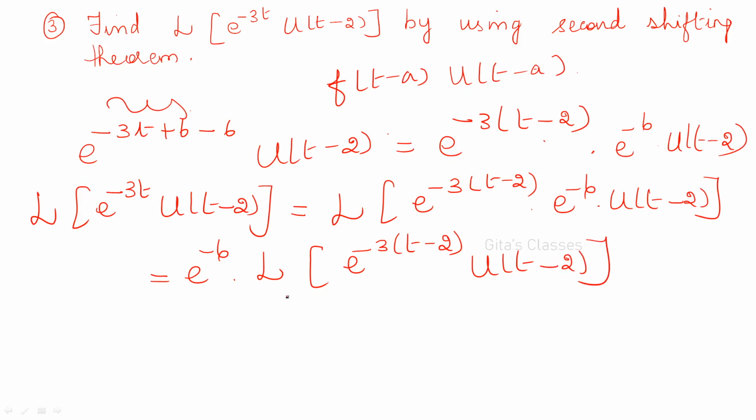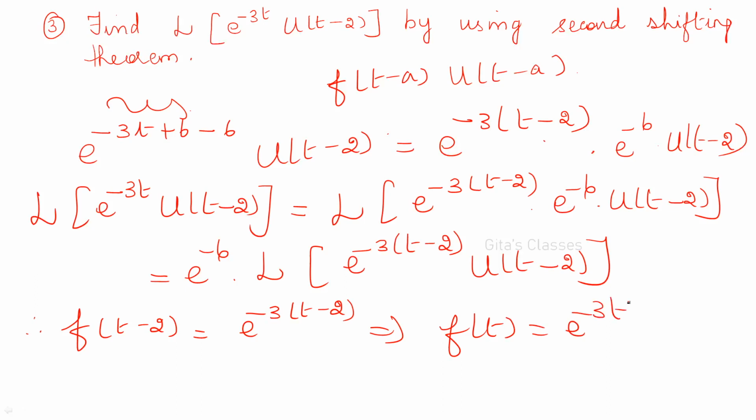So this is equal to, now this is L of some function of t minus 2 into u of t minus 2. Therefore f of t minus 2 is equal to e power minus 3 into t minus 2. This implies f of t is equal to e power minus 3t.